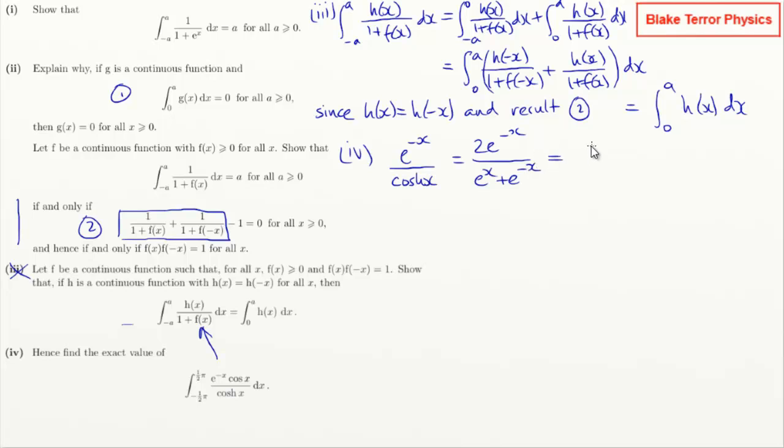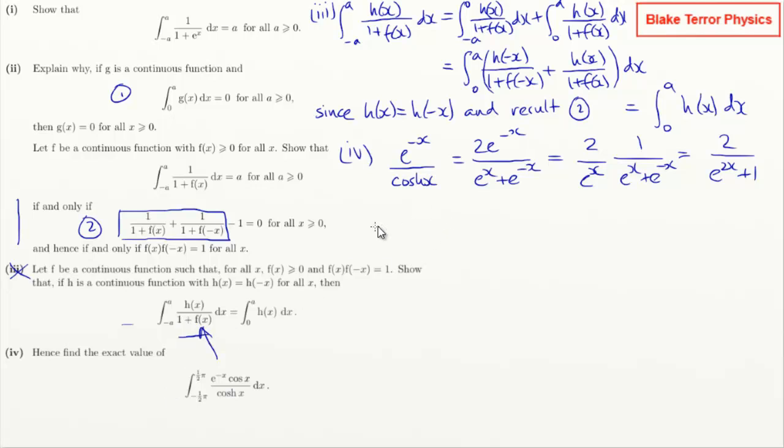Right, I never like looking at e to the minus x on the numerator, and it will make things so much easier if I write it like that, because then I can multiply everything through. So that is going to be 2 over e to the 2x plus 1. Right, so that looks a lot more like this format, doesn't it?